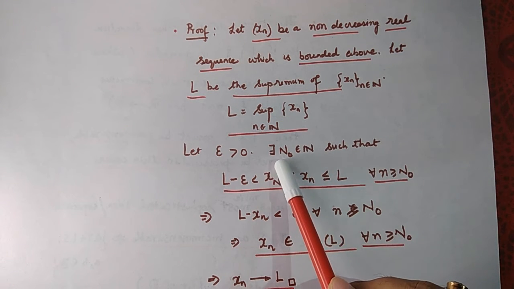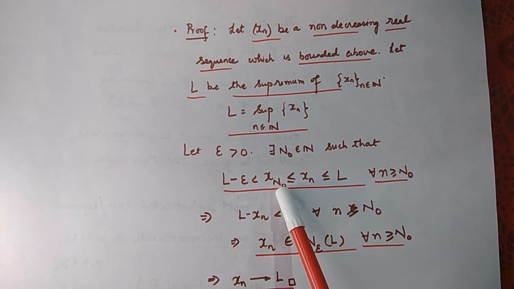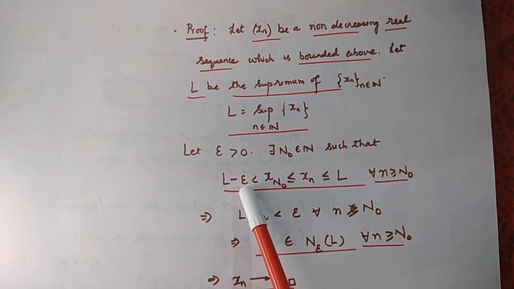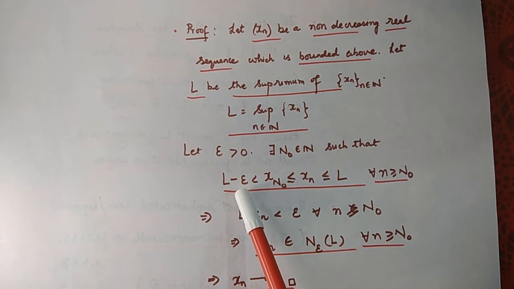This implies that there exists some term in this set, say xn naught, which is strictly bigger than L minus epsilon. So this first inequality is justified by virtue of the definition of the supremum.